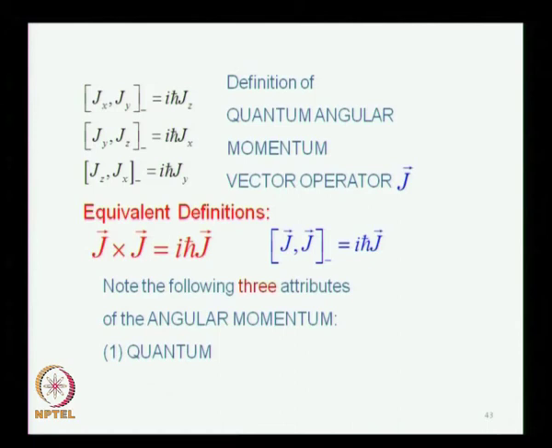These are all equivalent definitions of angular momentum in quantum mechanics, and essentially one must remember that there are three attributes of angular momentum that you must carry. One is that it is a quantum creature, second that it is a vector, and third that it is an operator. Therefore it will meet the requirements of the operator algebra.